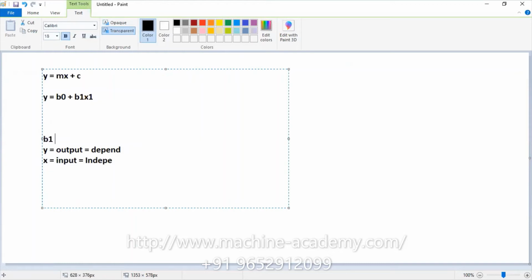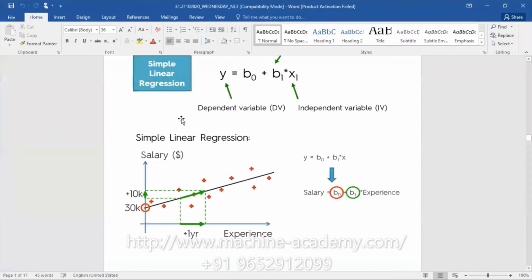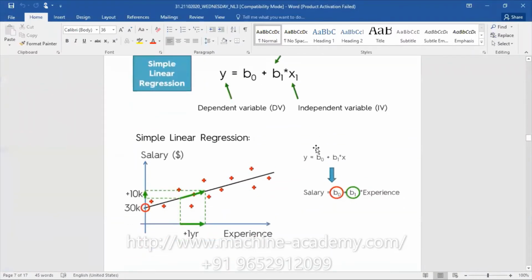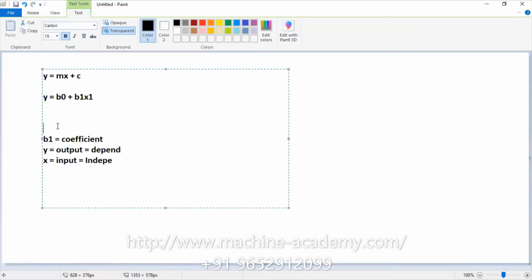Now, what is B1 we are considering here? Coefficient. This coefficient is where we say this is the pattern. B1 as a coefficient, and B naught is the intercept point.